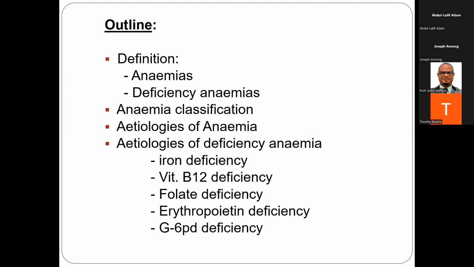Then we do what therefore is deficiency anemia, classification of deficiency anemia, causes of deficiency anemia, etiology. Then we go to the different types: iron deficiency, vitamin B12, folate, erythropoietin, and CPD.